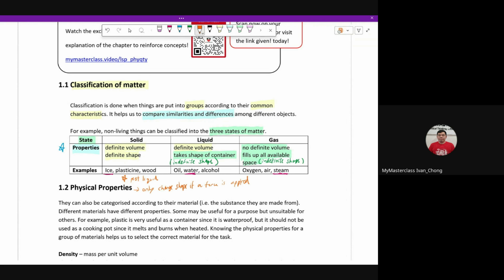It will stay in that shape unless we apply a force and squish it, and then we change its shape. Unlike a liquid, if you pour a liquid on the table, it doesn't hold its shape. It will just spread all over the table, right? But if you place plasticine on the table, it will still remain in its original shape. That is why plasticine is still considered a solid and not a liquid.